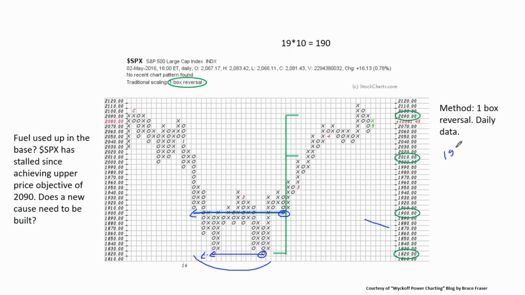It's one box reversal, so you just count the number of columns, and then you count upward or downward the number of columns to get your objective. So you count 19 columns up, and from the low, you're going to get an objective of 2010, and from the count line, you're going to get an objective of 2090.